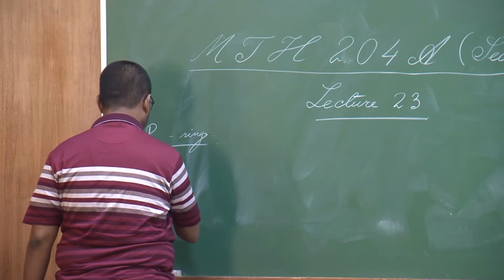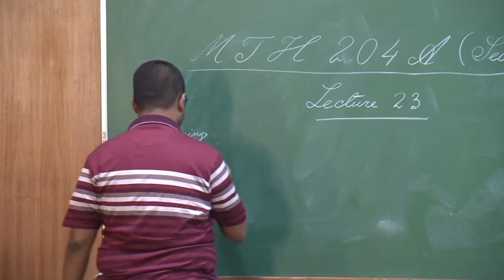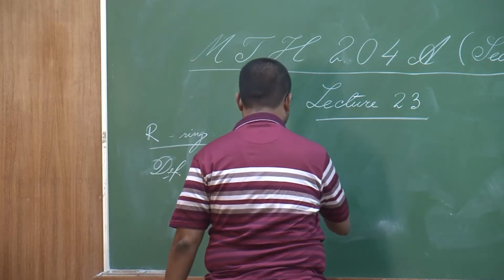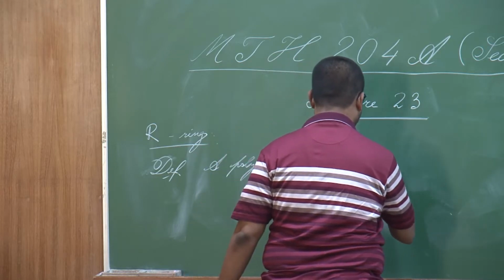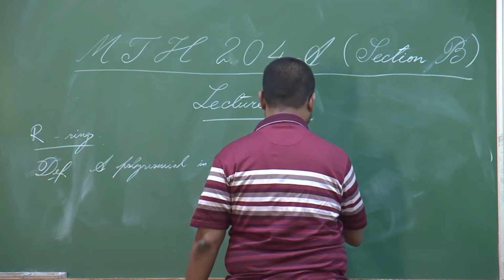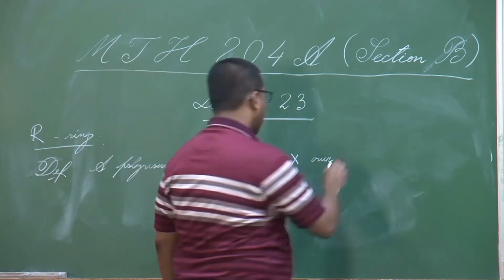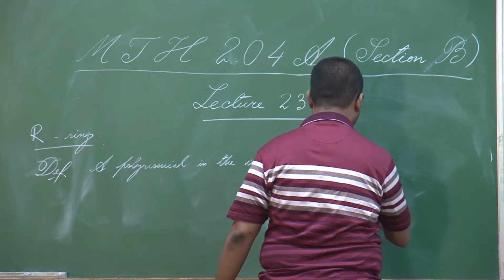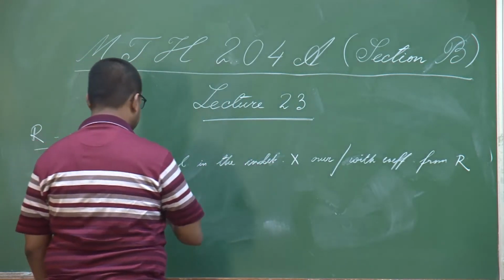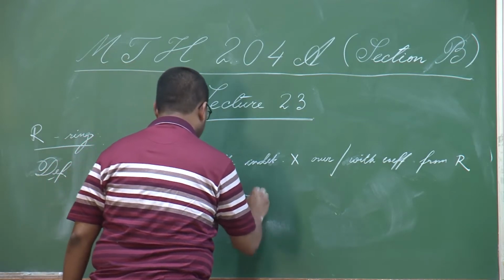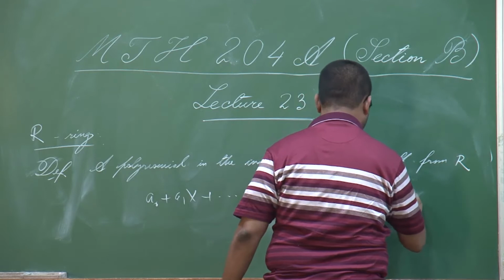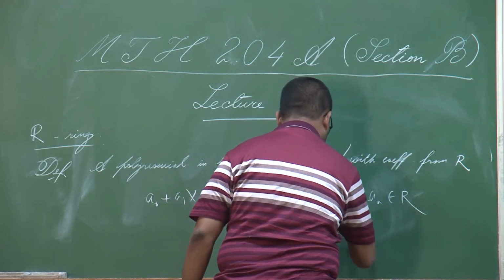By a polynomial, so maybe put it as a definition, by a polynomial in the indeterminate, some authors also call it a variable, in the indeterminate x, a polynomial in the indeterminate x over, or some authors also write with coefficients from R, I mean a finite formal sum of the following: a0 plus a1 x, up to an x to the power n, where a0, ..., an all belong to the ring and an of course non-zero.